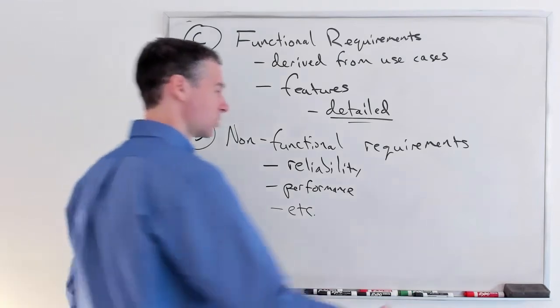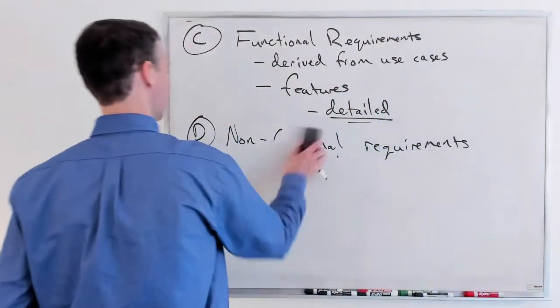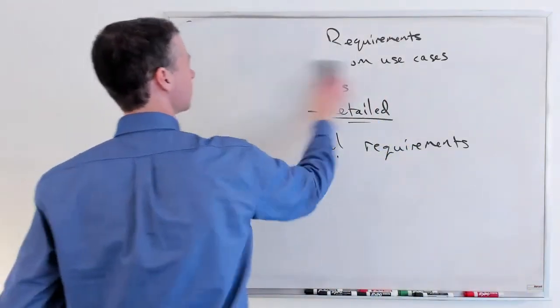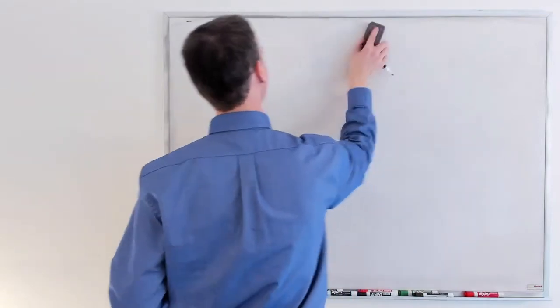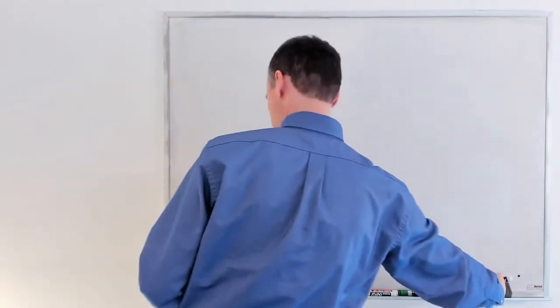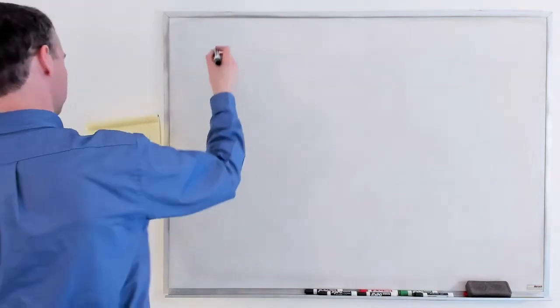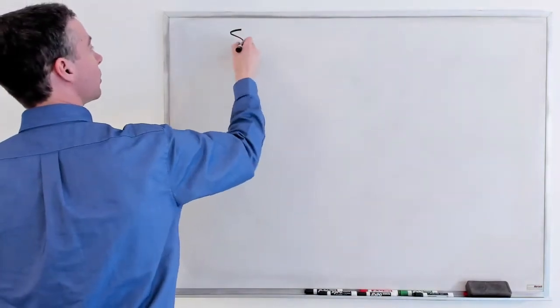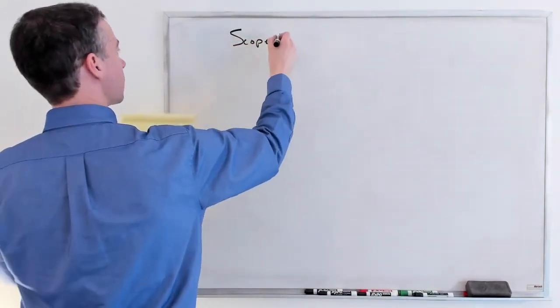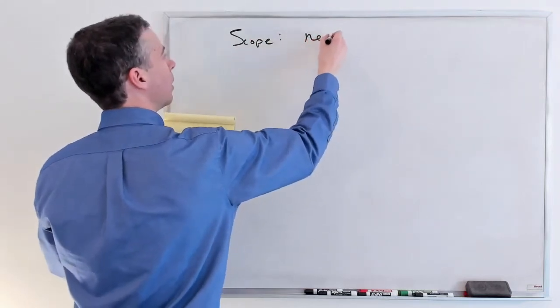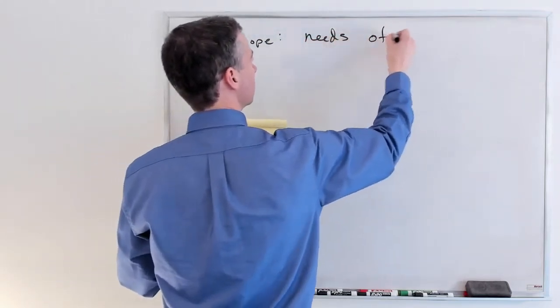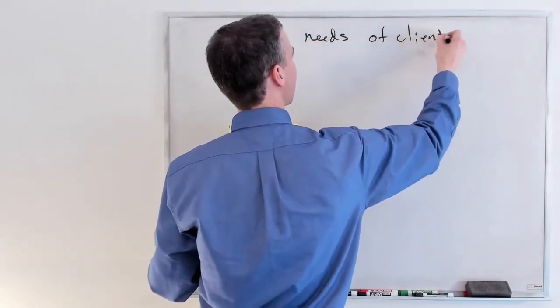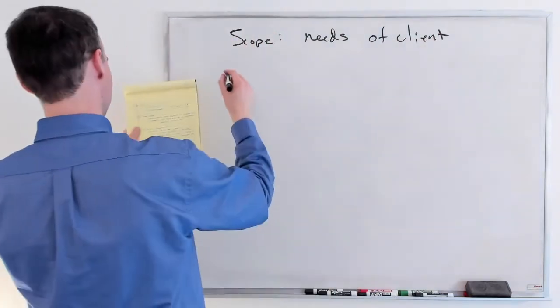Now at this stage, it's good to remind ourselves about these parts now that we've made it this far. Again, remember we break things up so that the scope are the needs of the client, what's going to be built to deal with those.